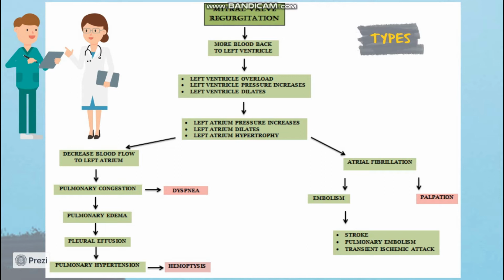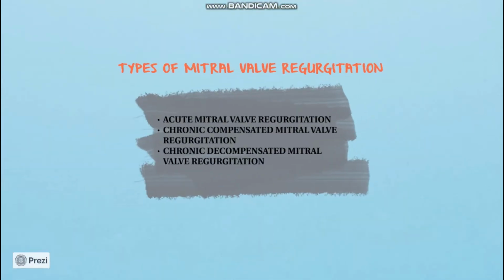As a result of the increased left atrial pressure, the blood from the lungs cannot be sufficiently pumped into the left atrium, and this will cause pulmonary congestion, which can lead to dyspnea, pulmonary edema that can cause crepitations, pleural effusion, and pulmonary hypertension. The types of mitral valve regurgitation are the following: acute, chronic compensated, and chronic decompensated.